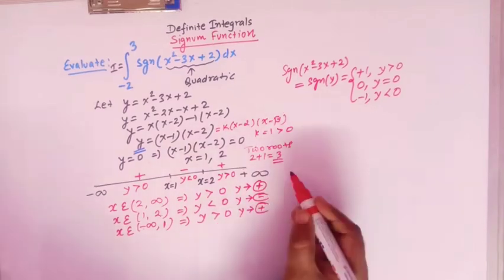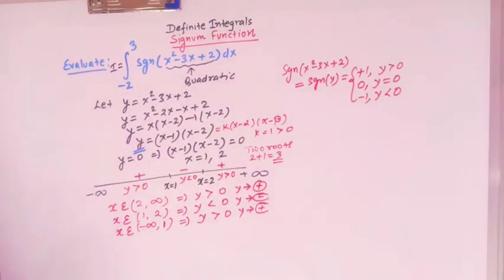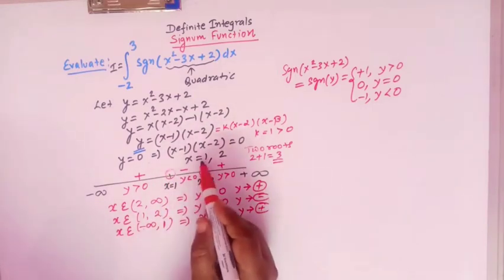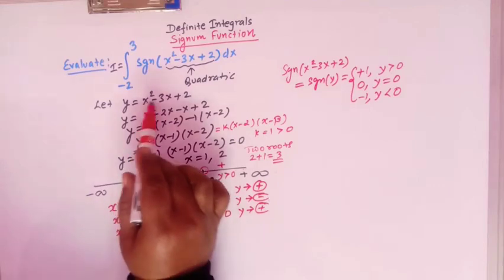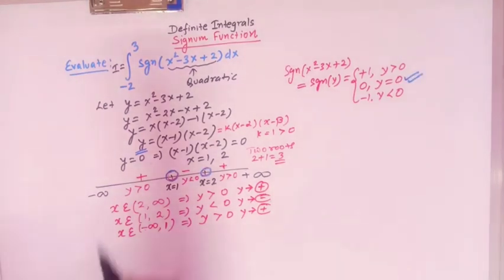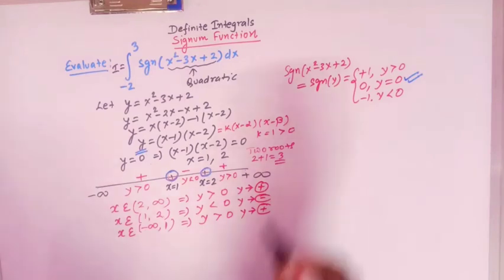And the breaking points, or the points where we have to break the integral, are 1 and 2, where x equal to 1 and 2 are the roots of x square minus 3x plus 2, right? So now viewers, let us come to the integral.